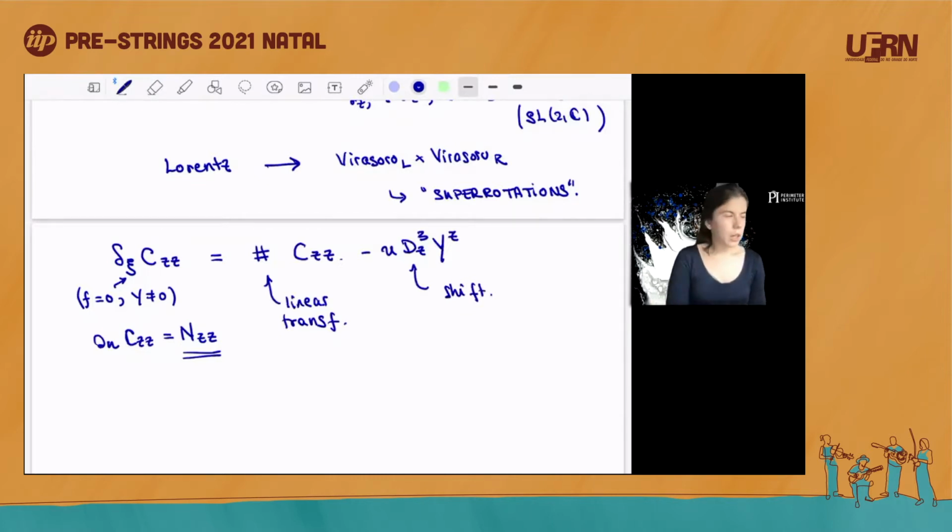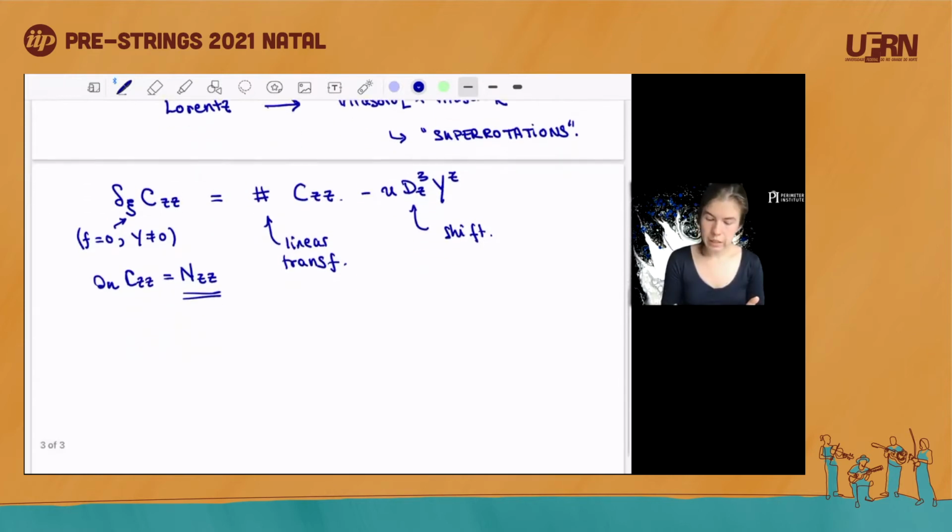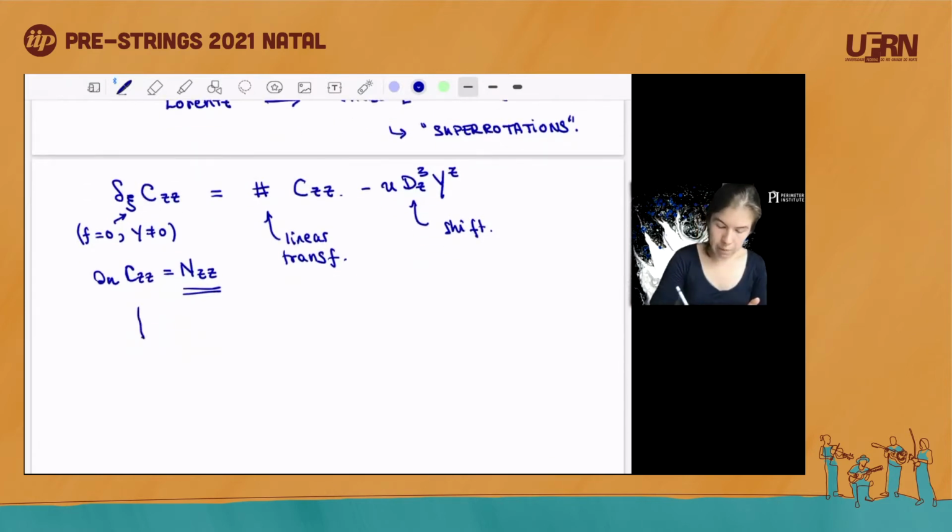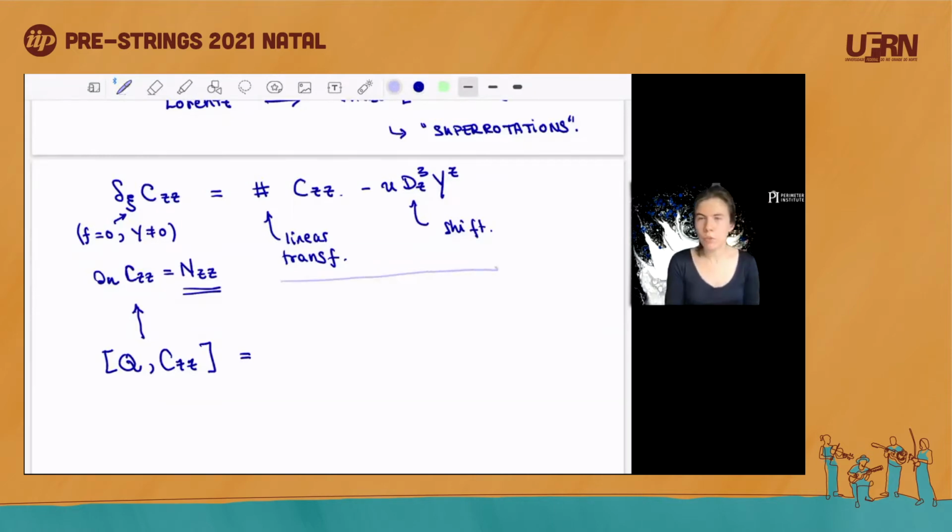And so the logic now is that one can imagine that this symmetry action is actually generated in the quantum theory. It's going to be generated by some kind of operator, which we call Q, and which acts on CZZ as a commutator. But because of this split into these two pieces, one can also split this charge into two pieces.